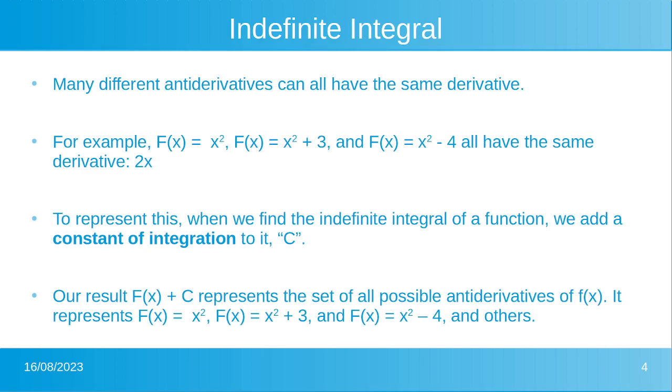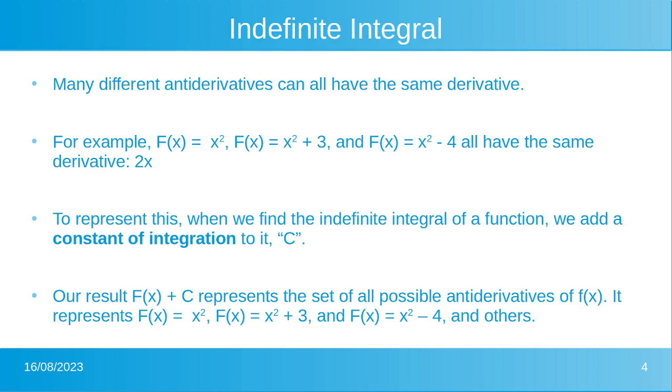So if we integrated 2x, if we worked backwards, we get x squared, but that's only one antiderivative. By the definition of indefinite integral, we want to somehow represent the set of all antiderivatives.